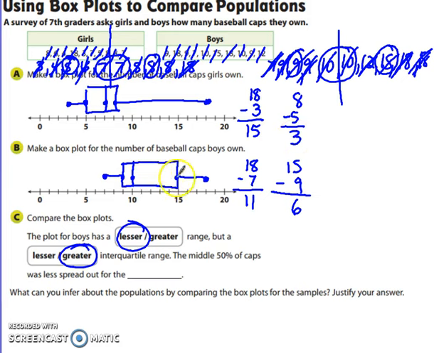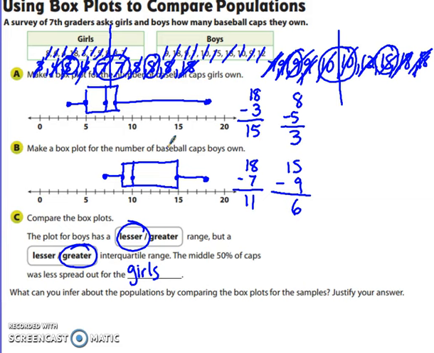If you notice, their rectangle is also bigger than the girls' rectangle. It says the middle 50% of caps was less spread out for the girls. So I just pointed that out. Their rectangle is smaller than the boys' rectangle. So what can you infer about the populations by comparing the box plots for the samples?